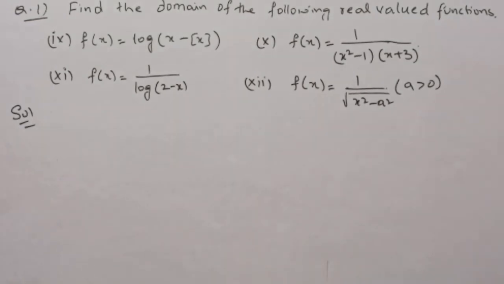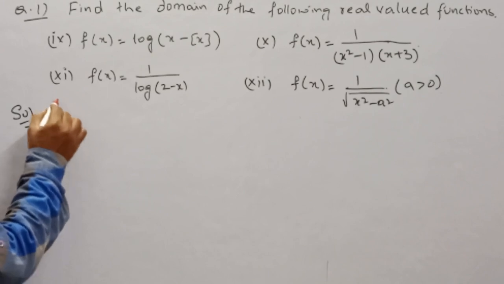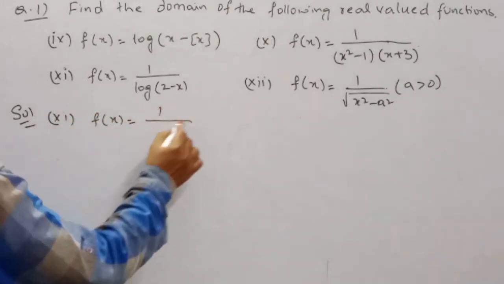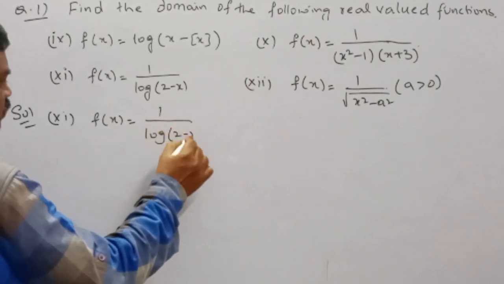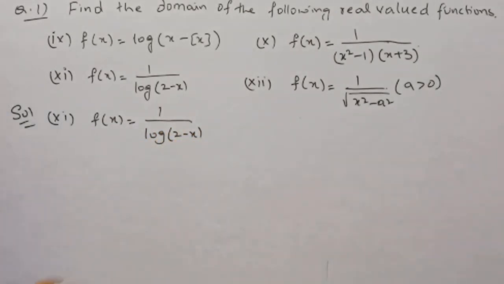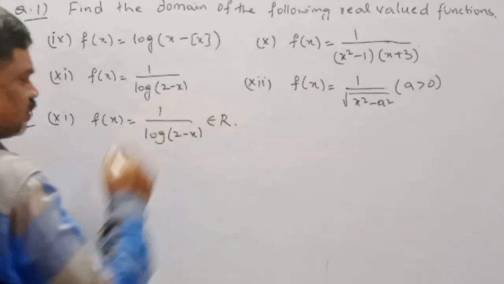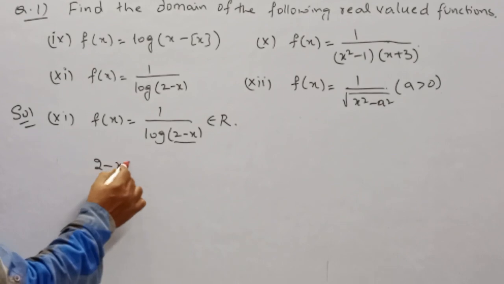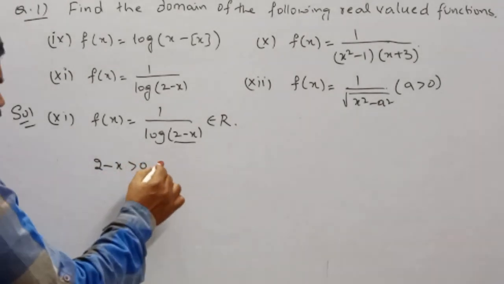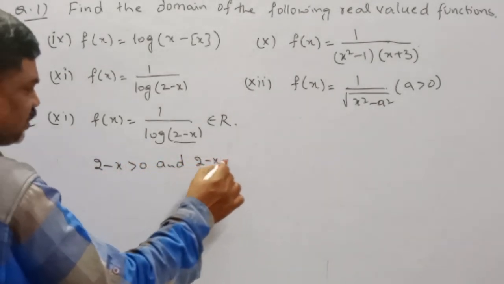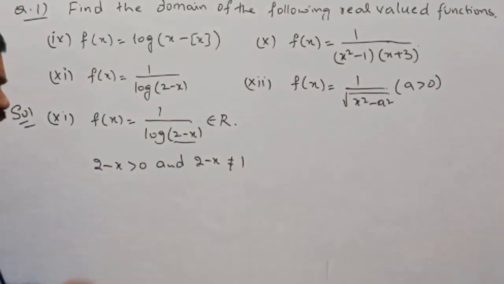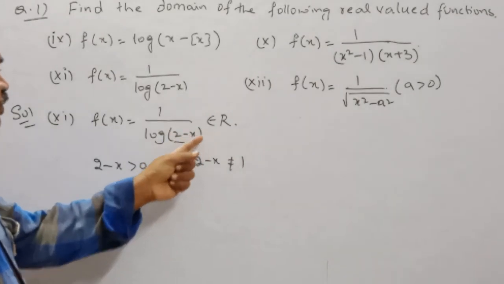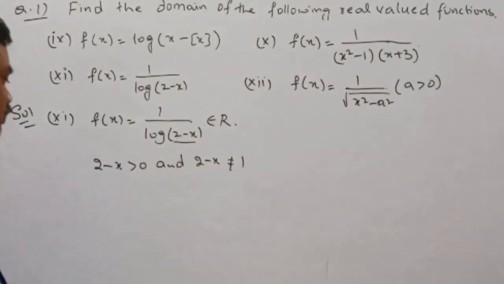Next question. Here, f of x is equal to 1 by log of (2 minus x). This belongs to R, real numbers. So here 2 minus x is greater than 0 and 2 minus x is not equal to 1. If 2 minus x is equal to 1, log 1 is 0, so this is infinity.